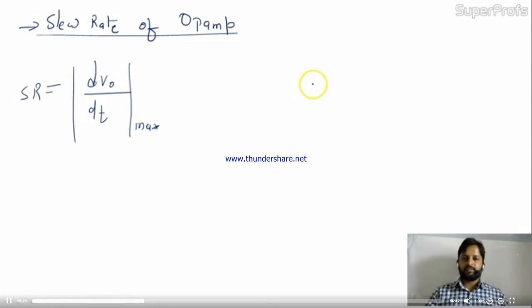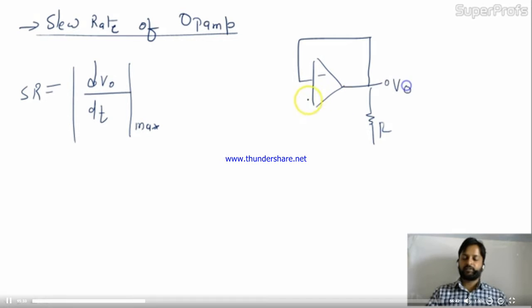What it means: see, if you have some circuit, let me take a circuit with negative feedback. Over here R, here you are taking V naught, and this is the non-inverting terminal where you are applying some V in. Is it okay friends? So what is going on over here?